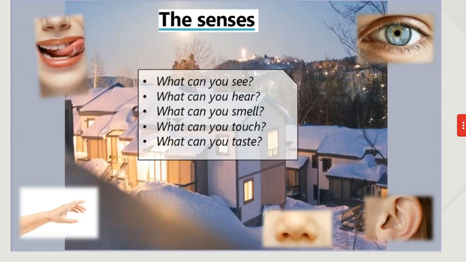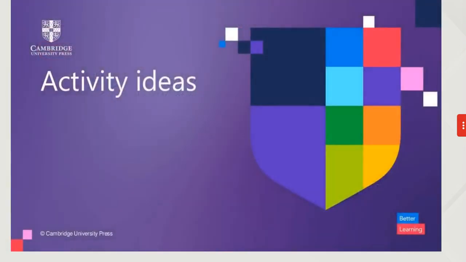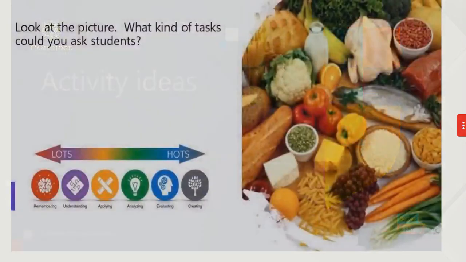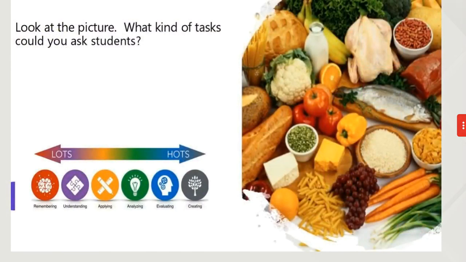Okay, moving on, because I know that we are short for time. I'm going to share some activity ideas. Maybe these ideas you could try out and adapt with some of your classes. I'm going to show you a picture. When you look at this picture, I would like you to think, what kind of tasks could you ask your students to do just from this picture?